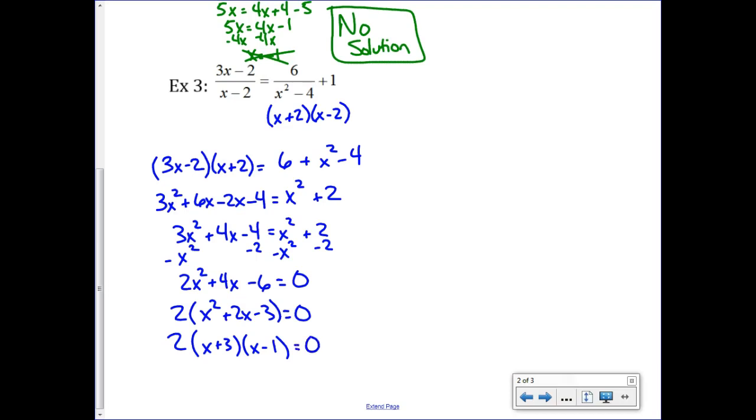So that means I get x equals negative 3, and I get x equals 1. Remember, we talked about always going back and checking those values. So negative 3 would work, and 1 would work as well. So both of these are okay answers.